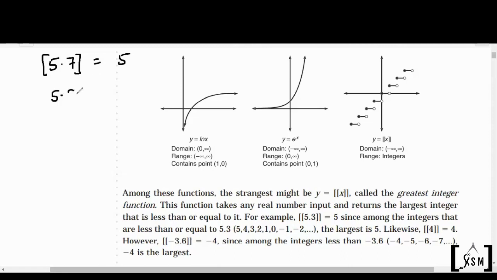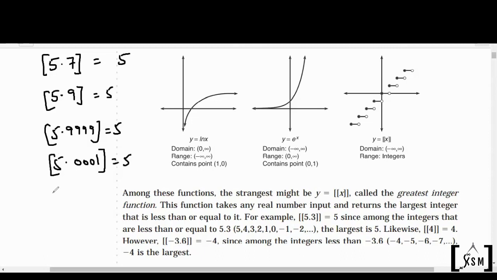Similarly, greatest integer of 5.9 is also 5. Greatest integer of 5.9999 is also 5. Right? Greatest integer of 5.0001 is also 5. Greatest integer of 5 is also 5.